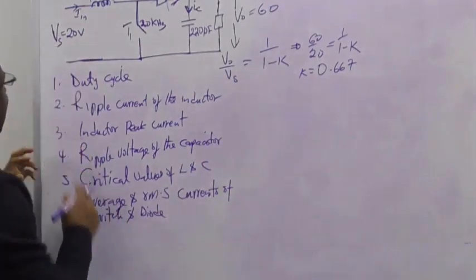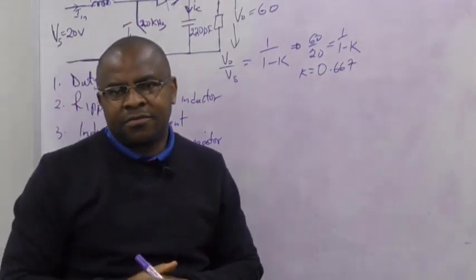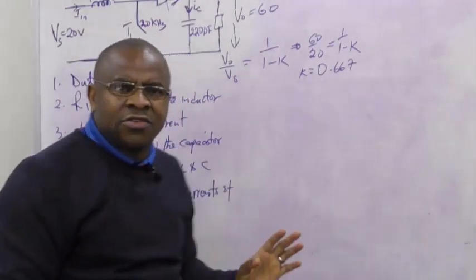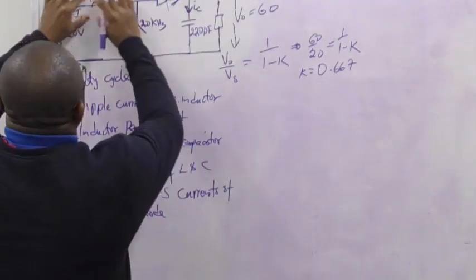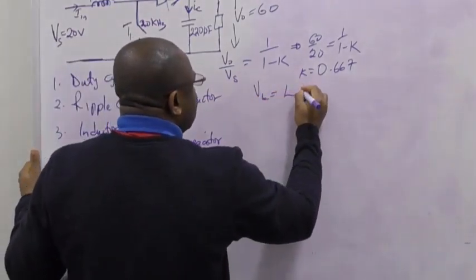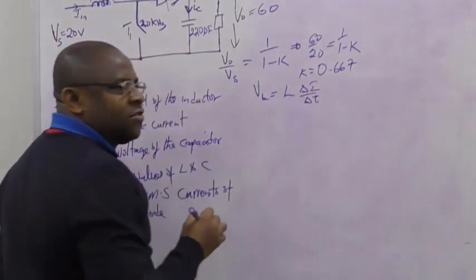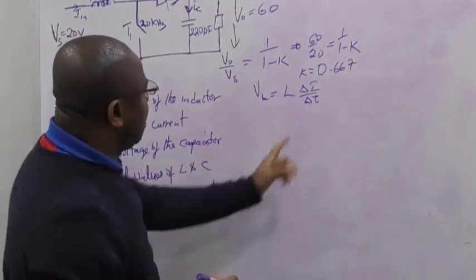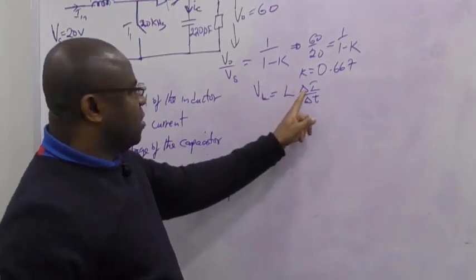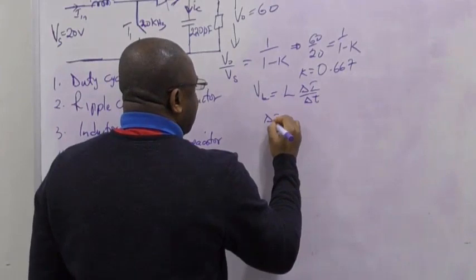Now the next thing is to calculate the ripple current of the inductor. Now how do we do this? You remember the voltage across the inductor is L change in I over change in time. So if they say you must calculate the ripple, they want us to calculate delta I. So this is now number 2.